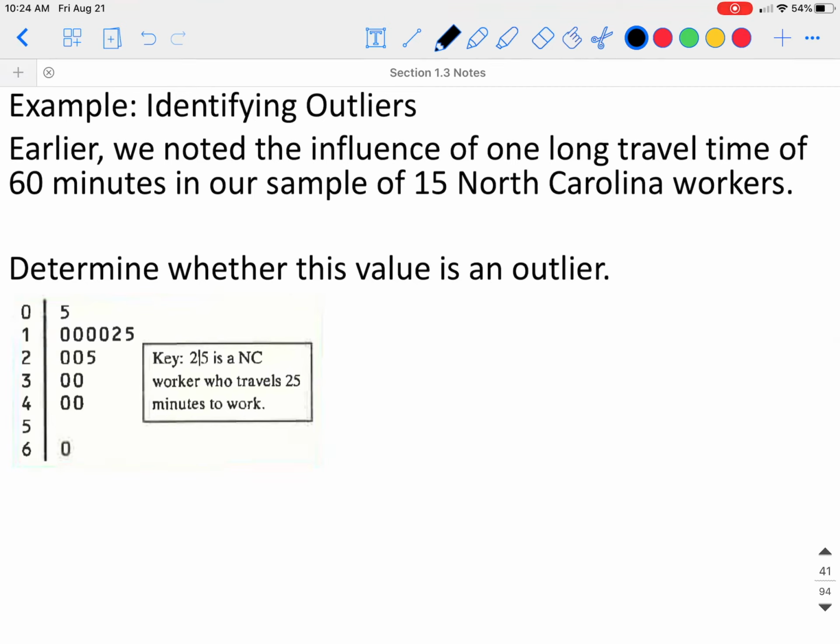So let's look at the North Carolina travel times again. We need to determine whether this value of 60 is actually an outlier. So the first thing we need to do is find the median.